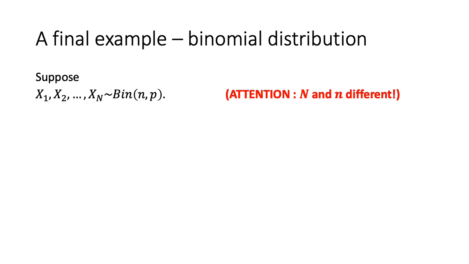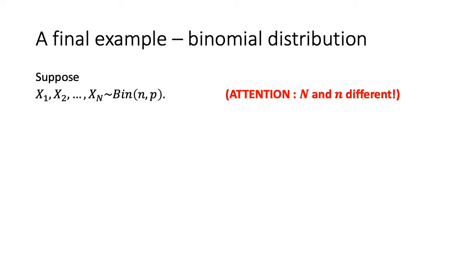Okay, so let's consider one more example. We haven't done a binomial distribution yet, so we'll use that as our final example. The scenario here is that we've got capital N random variables, each of which has a binomial distribution with parameters little n and p.